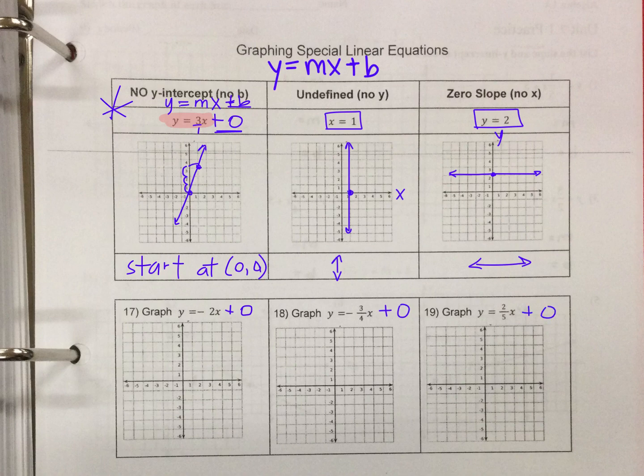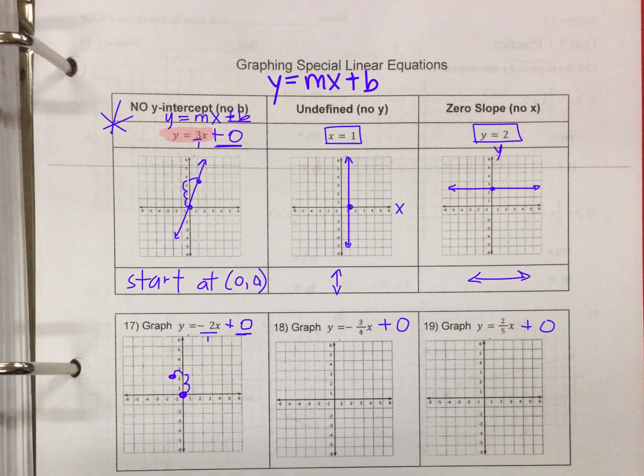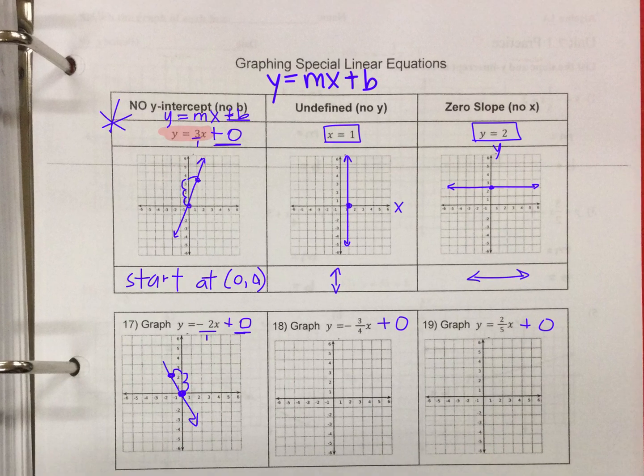So I'll do this first one. y equals negative 2x plus 0. My first dot, the b, always goes first on 0. I'm going to rise 2 and go negative 1. Draw my line. This next one, I always start on 0 because there's no b.